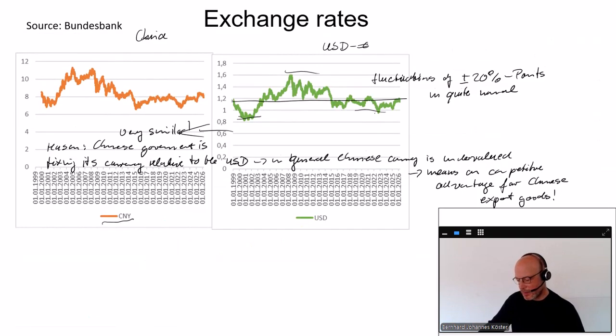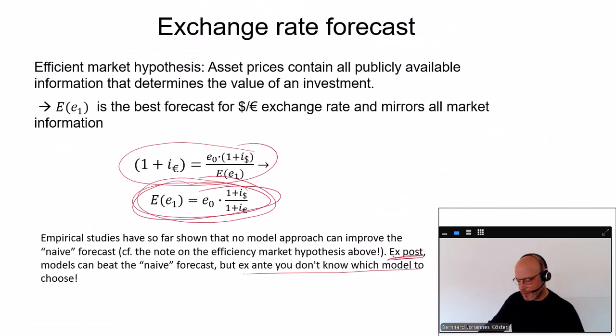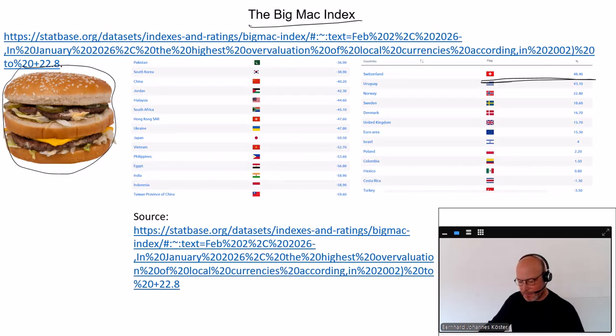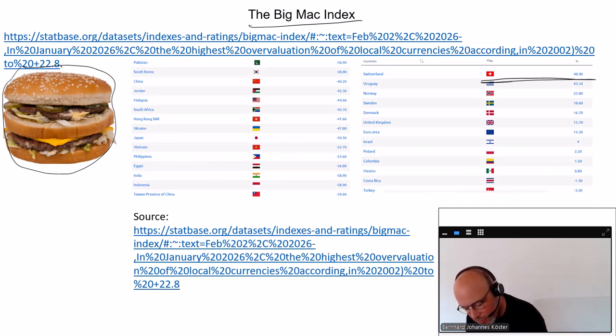And even what we find with the Big Mac index, that we have this huge overvaluation of the Swiss franc.